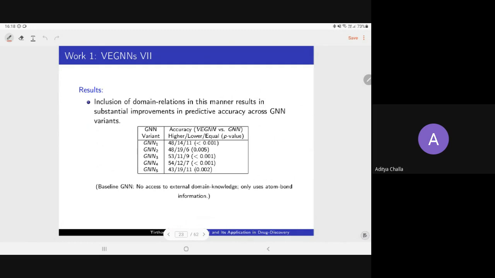Baseline means the GNNs which have no access to domain knowledge. Compared to those, we are able to perform very well across 73 data sets, and the results are very significant, as you see. Out of 73 data sets, the Hagen wins in 48, 48, 53, 54, and 43 cases. We have tested it across 5 different variants of GNN.